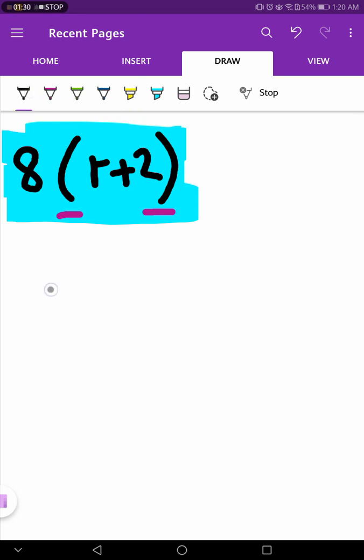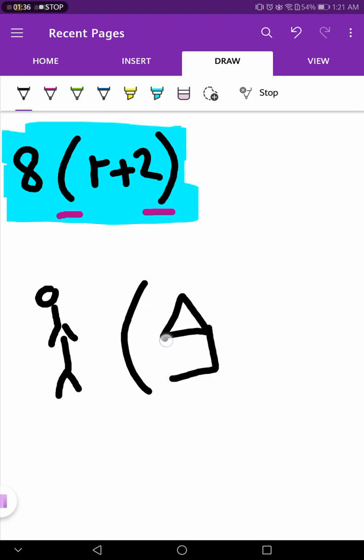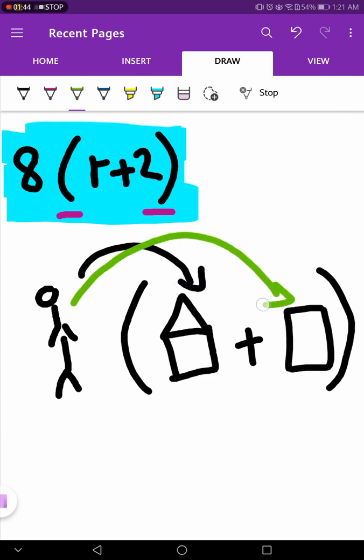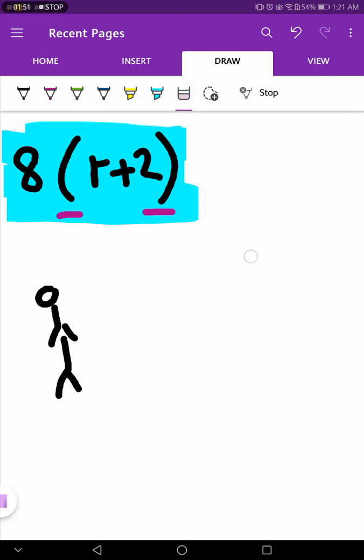This is Ali, and Ali has a home and a farm, and Ali must visit both of them, must visit his home and must visit his farm, and visit means multiply. So you cannot start solving this equation if you don't break the parentheses, or if you don't let Ali visit his farm and his home.